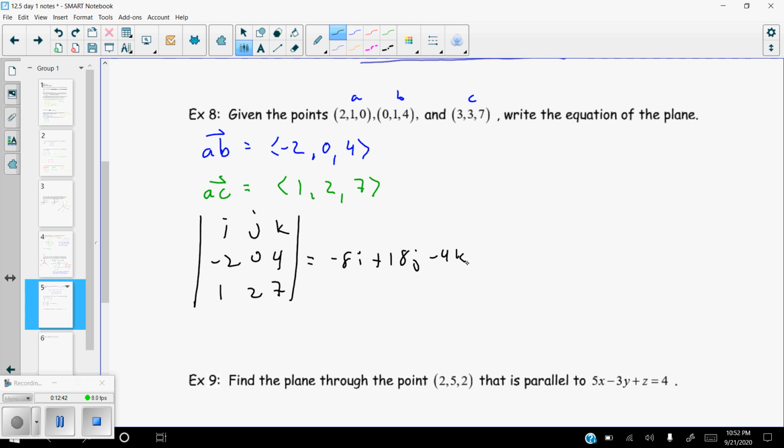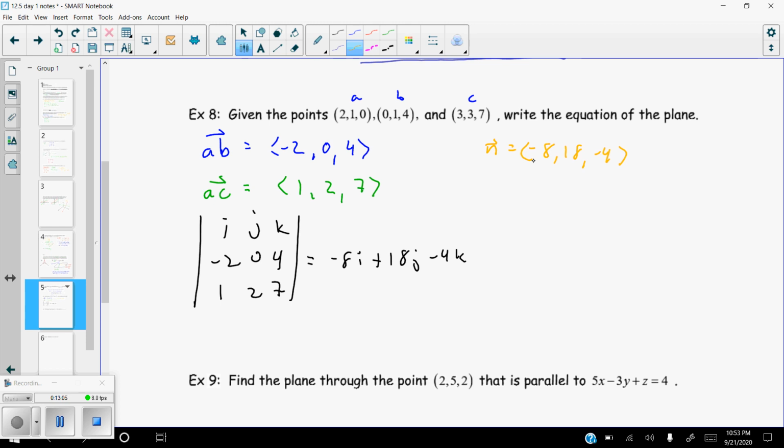So now I have my normal vector. So the normal vector is going to be negative 8, 18, negative 4. And I can use any point that I want to. It doesn't matter. So I'm going to go ahead and just use the first one. I'm going to use 2, 1, 0.